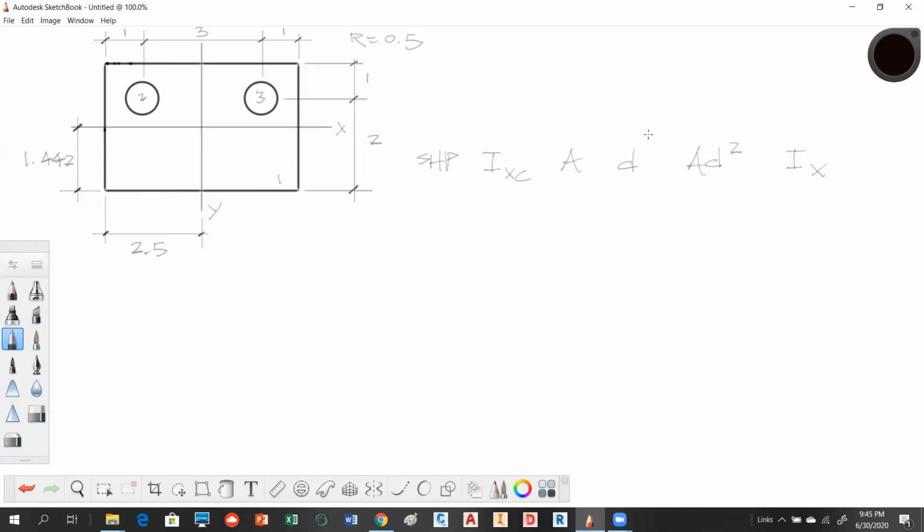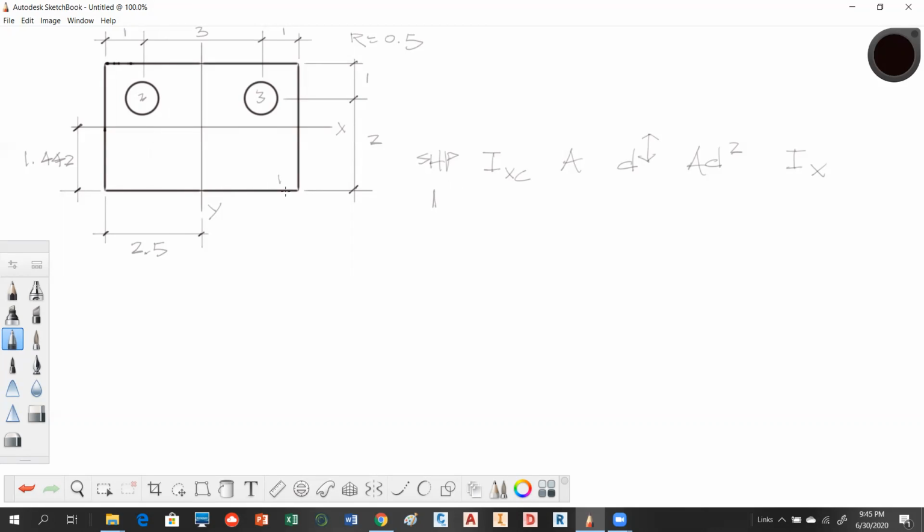So again, D is the distance in this direction. That would be the distance from the centroidal axis of the composite to the centroidal axis of each shape respectively. Let's check out shape 1, which is the rectangle. So it's 1/12 the base times the height cubed. Since we're looking at this guy, this is our base.